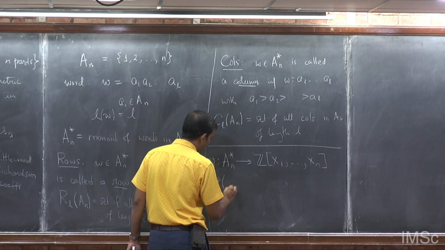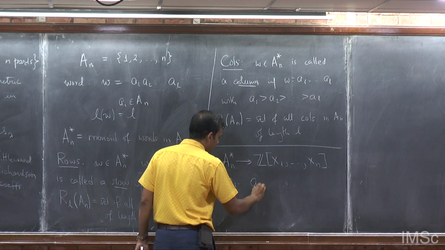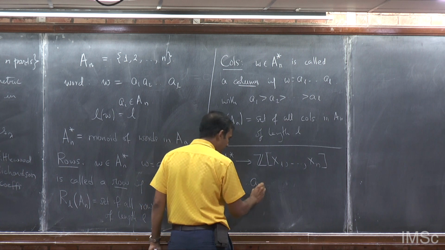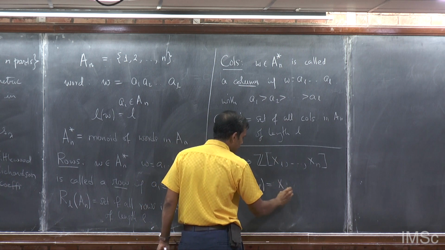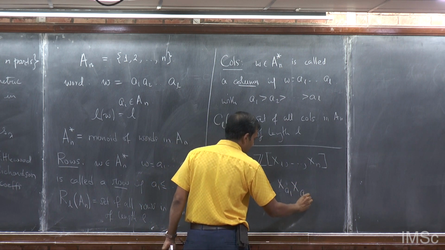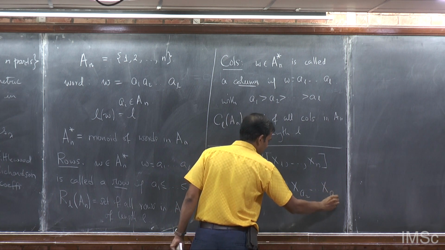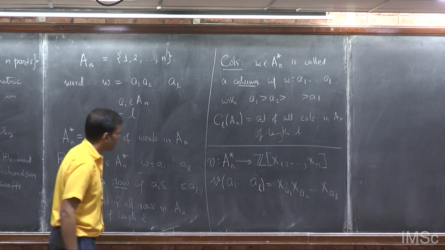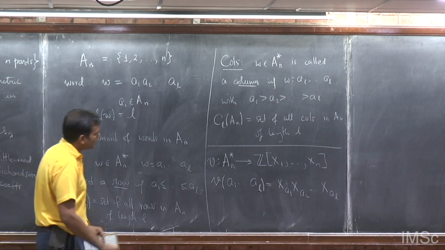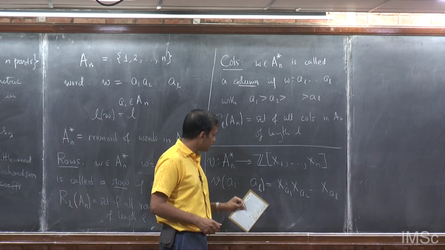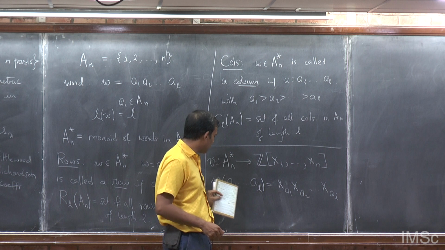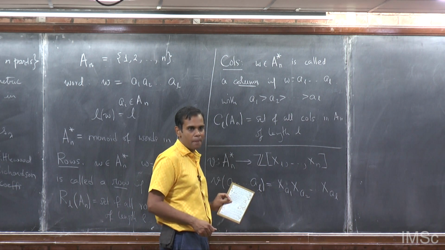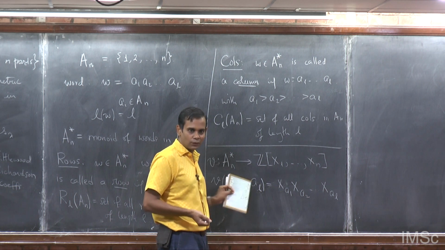The weight of a_1, a_2, ..., a_l is just x_{a_1} x_{a_2} ... x_{a_l}. The power of x_i is the number of times that i occurs in the word. That is what this formula is saying.